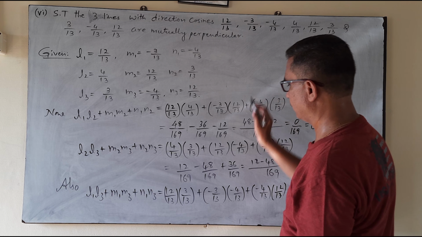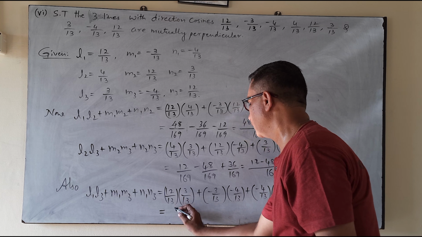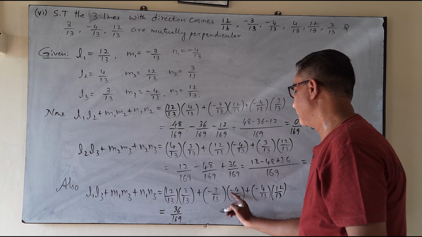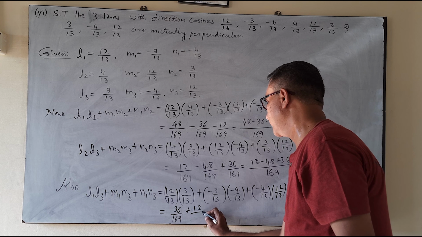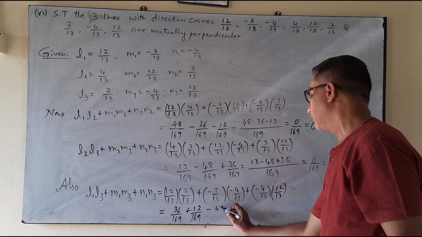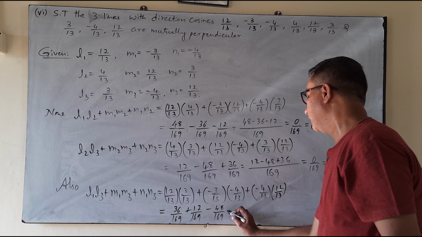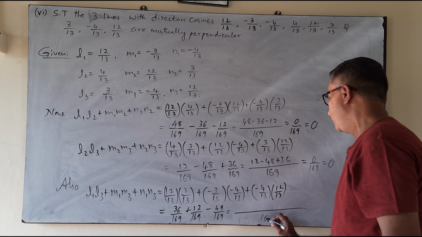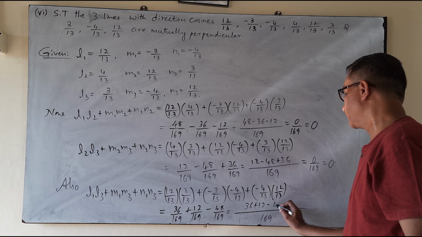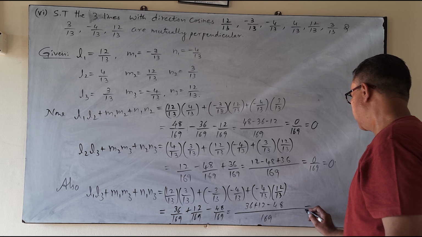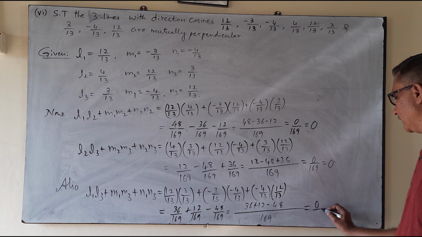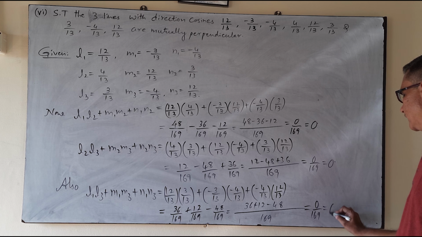Solving, that is 12 3s are 36 by 169, minus into minus is plus, 4 3s are 12 by 169, plus into minus is minus, 12 4s are 48 by 169. LCM 169, numerator: 36 plus 12 minus 48, that is 48 minus 48, 0, divided by 169, that is 0.